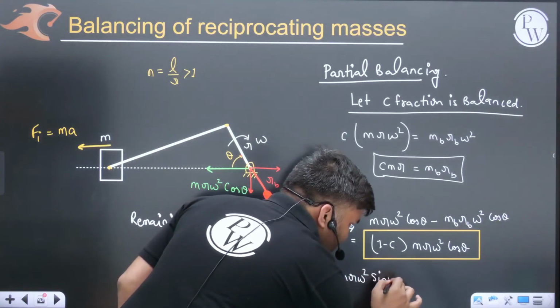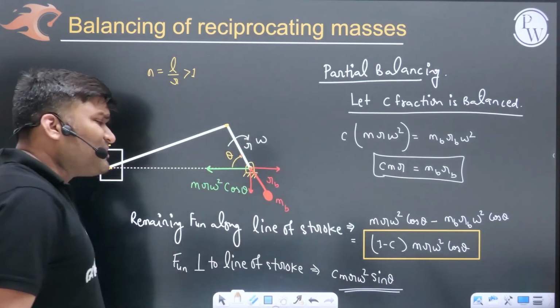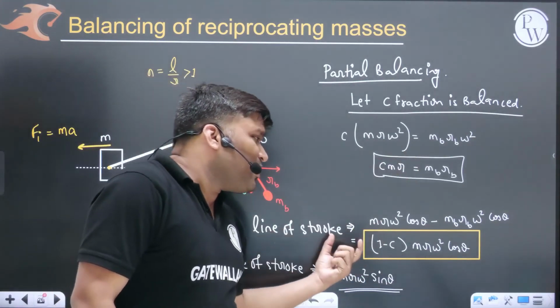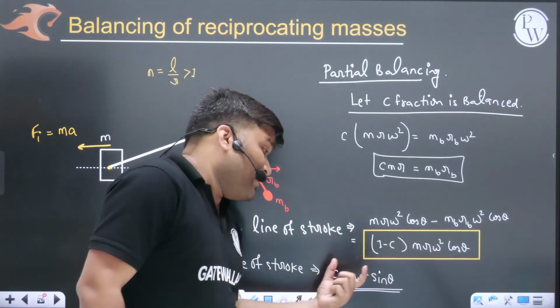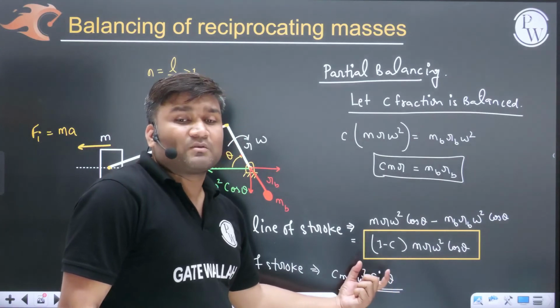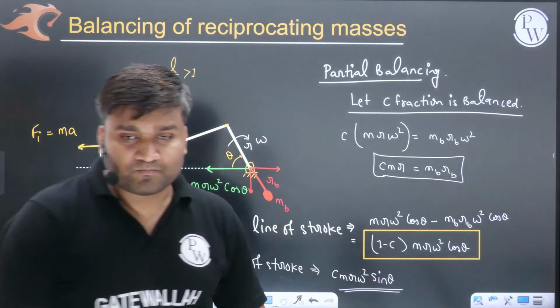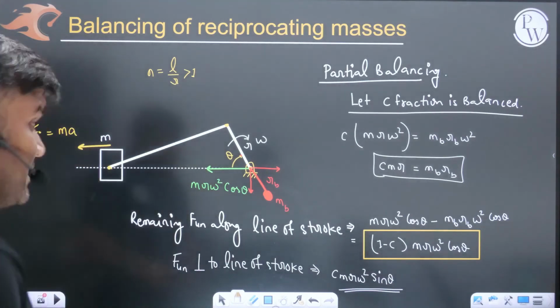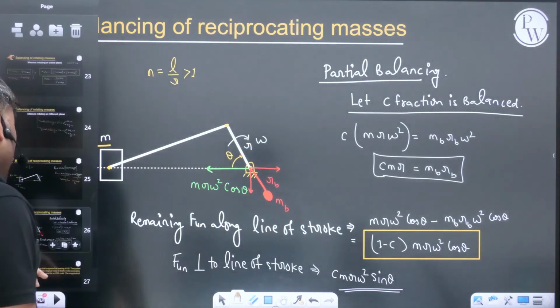Getting my point? In examinations sometimes they may ask that 30% balancing we have done, so tell how much force is remaining along the line of stroke, and perpendicular to the line of stroke how much force is going to be there. These kinds of questions can be asked, beta. Clear? I hope everybody is clear till this point. Are the things making sense?